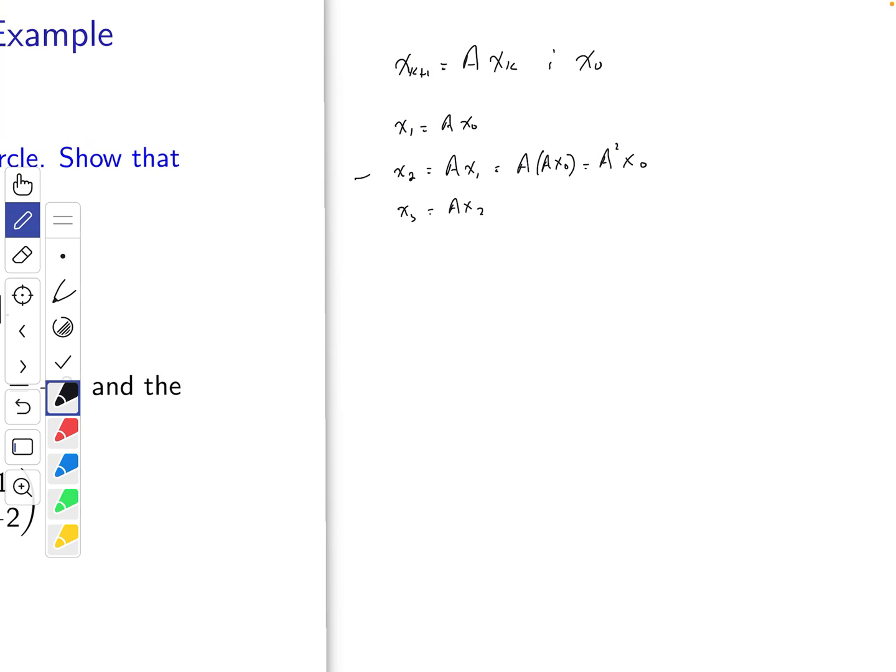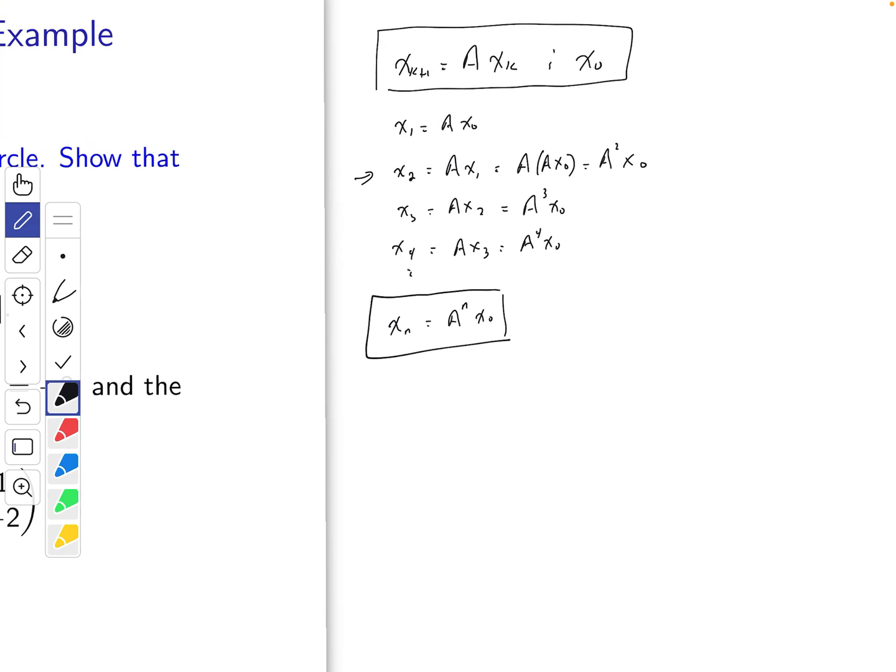We plug in x2 from here, and that's going to be A cubed x0. Then x4 is going to be A x3, which of course is A to the fourth x0, all the way down to x at time n, which is A to the n x0. So this is actually the solution to this difference equation, in the same way that e to the At is the solution to the differential equation.